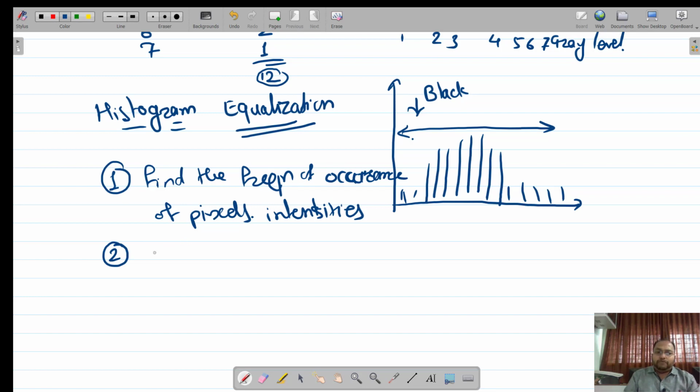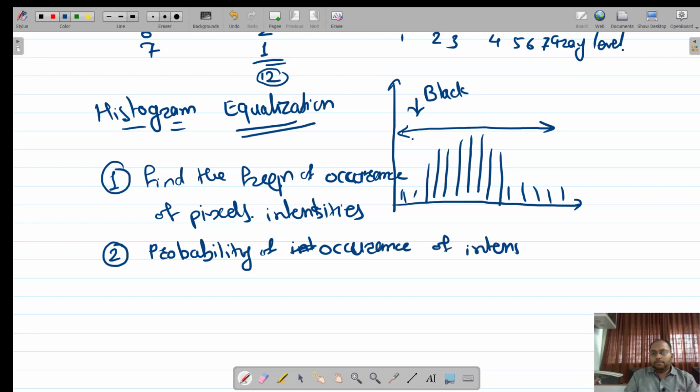Then we are going to find the probability of occurrence of intensities. Third, we are going to find its cumulative histogram.